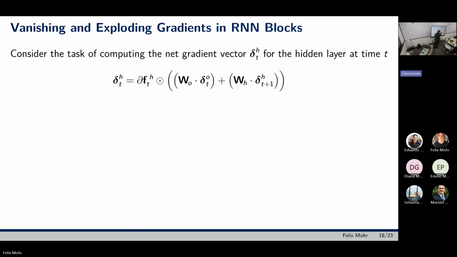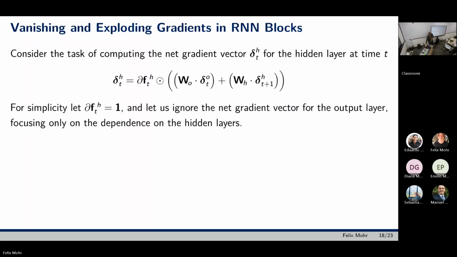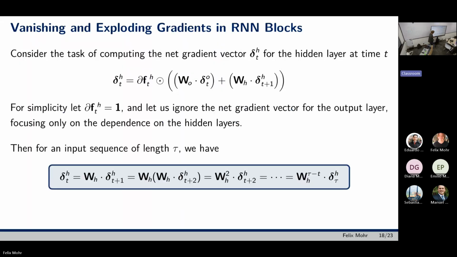But then if this is so, then this here is WH times delta H t plus 2, and so on, right? So under this simplification, delta HT is WH times delta HT plus 1. This is 1s and this is 0, in this simplification.